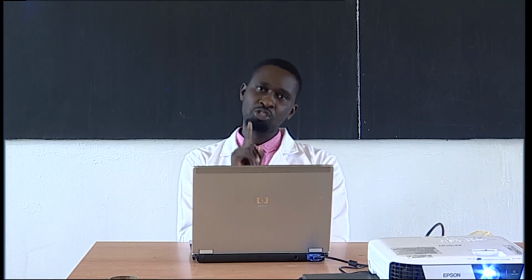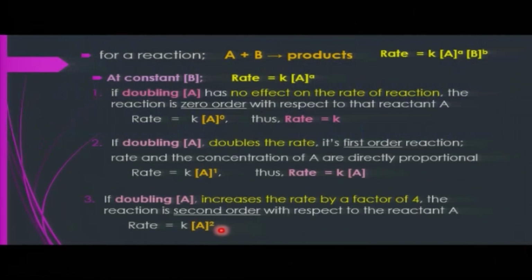Again, I need to mention this. To either call it 1 or 2 or 0, it has to be from the experimental values. You can't look at the reaction and say this is going to have a first order rate or a second order or a 0 order. No, it has to be experimentally determined.